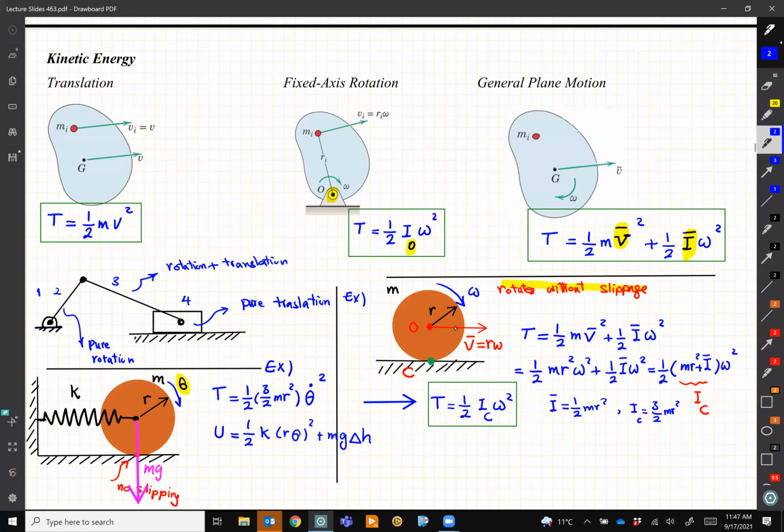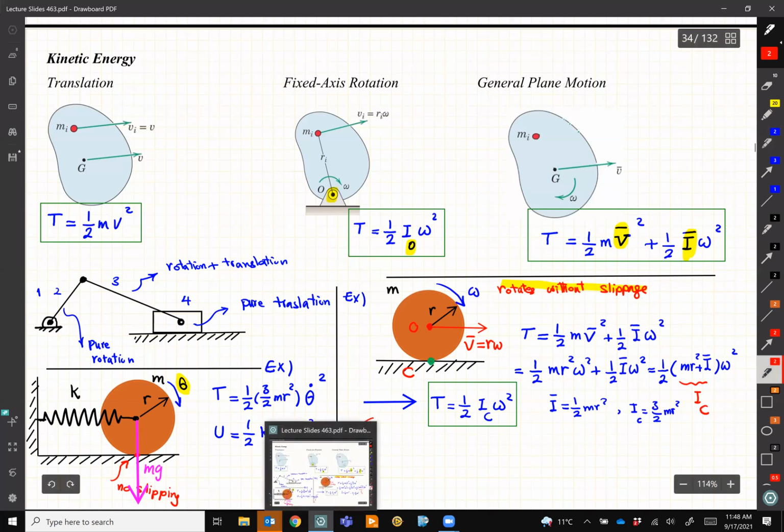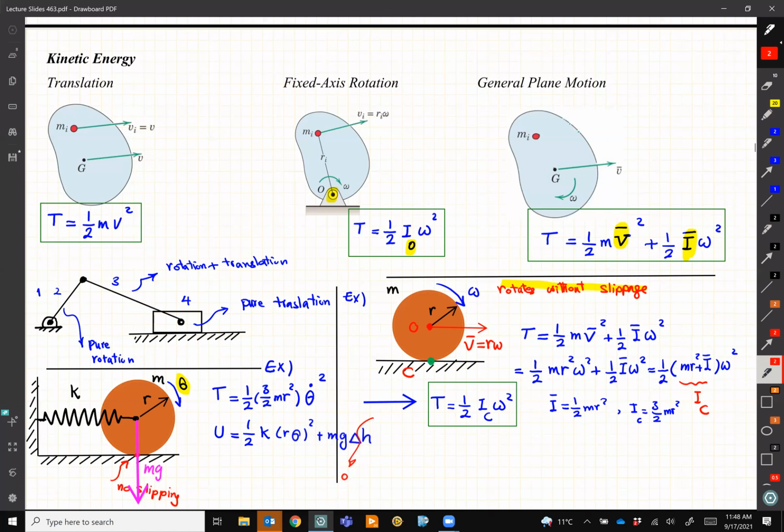Exactly. Thank you. Because there is no delta h, right? The center of mass stays on a horizontal line, and there is no delta h. So this one is 0. So my equation for U is simply half of k r theta squared.